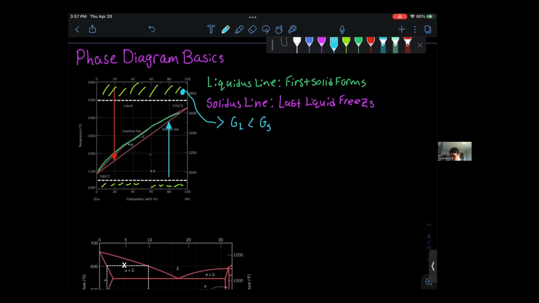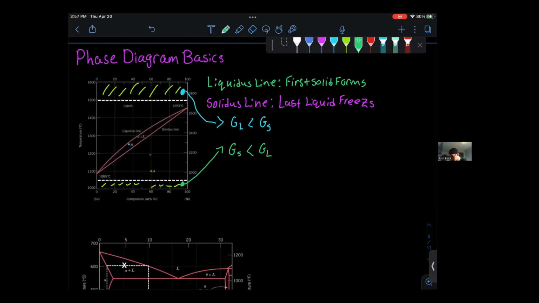So we can say the Gibbs free energy of the liquid is less than the Gibbs free energy of the solid. Let's do the same trick down over here. The solid is in equilibrium, so we can say the Gibbs free energy of the solid at this point is less than the Gibbs free energy of the liquid at this point.